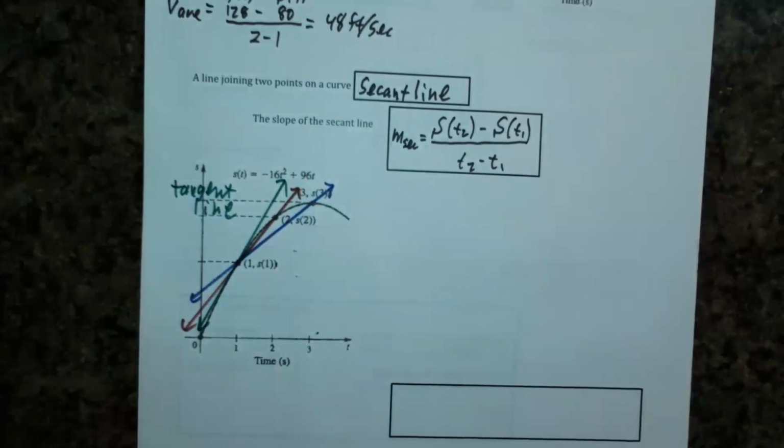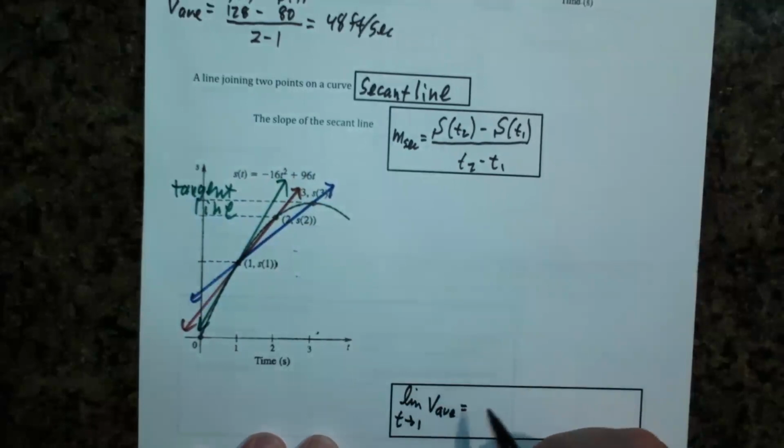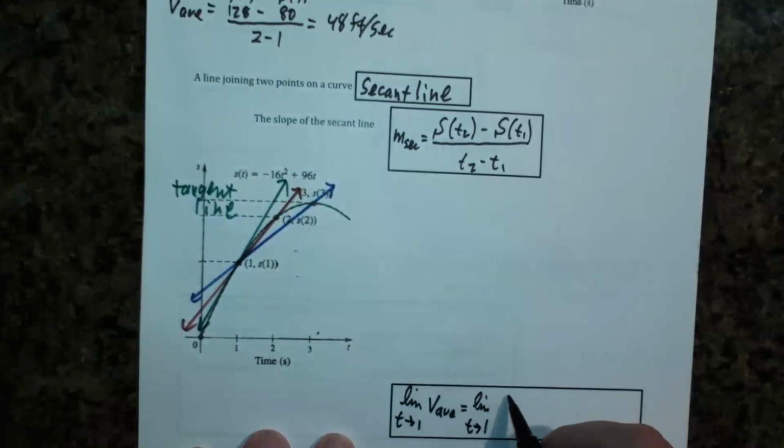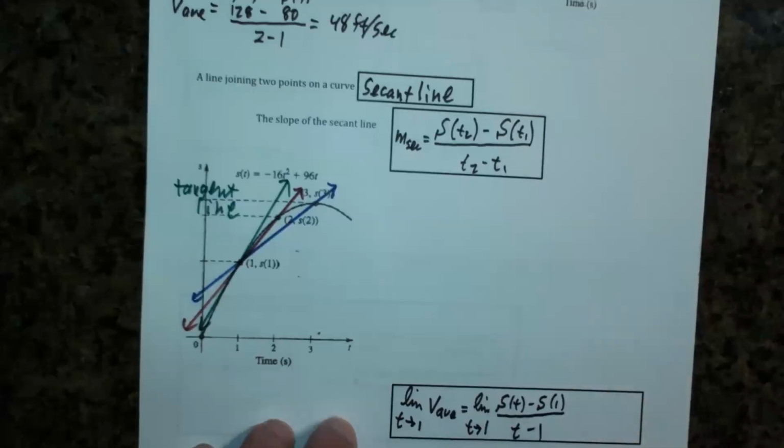And so to sum up, this lesson's particularly short. If we take the limit as t approaches 1 of the average velocity, we get the limit as t approaches 1 of s of t minus s of 1 over t minus 1. Now, that might look a little weird to us because we still have t's in there.